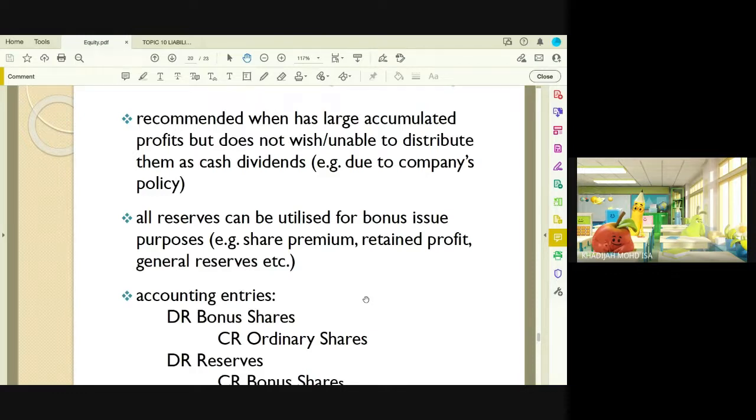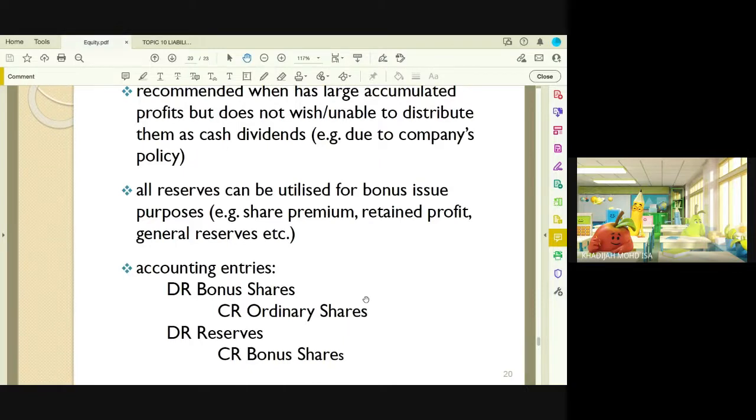All reserves can be utilized for a bonus issue. For example, you can use share premium, retained profit or general reserve. The accounting entry when you have bonus shares is that you debit your bonus shares and credit your ordinary shares. Remember that ordinary shares are your owner's equity, so there is an increase in ordinary shares of 40,000.